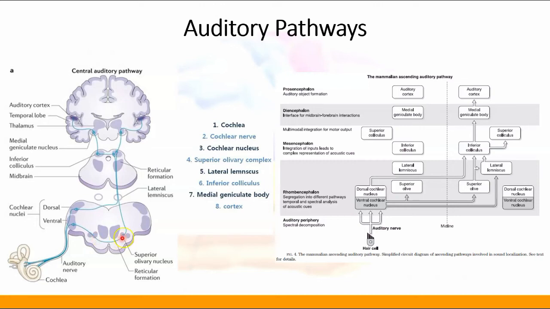The pathway continues to convey the neural impulse via the lateral lemniscus onto the midbrain, then passes the neural signal to the inferior colliculus, then extends to the medial geniculate nucleus and the auditory cortex in the left and right hemispheres.